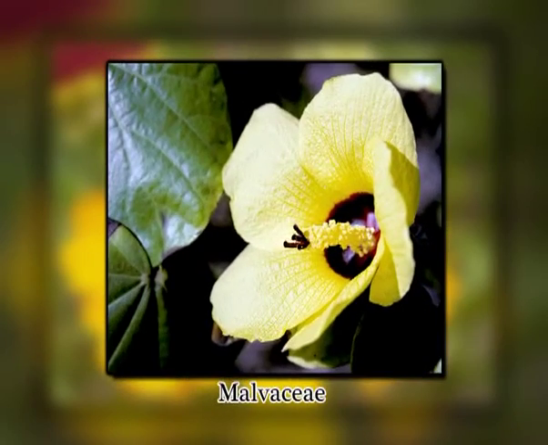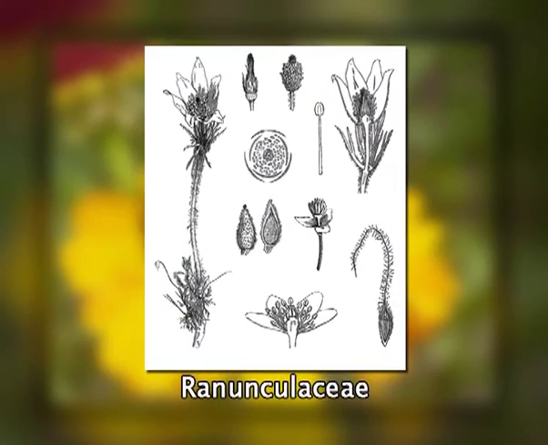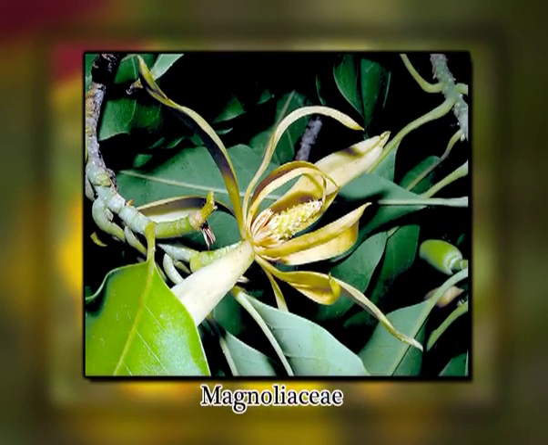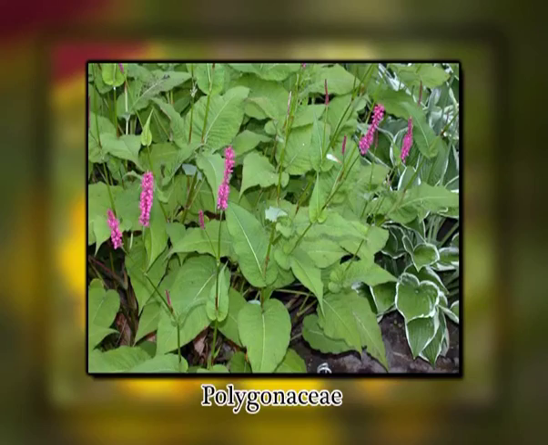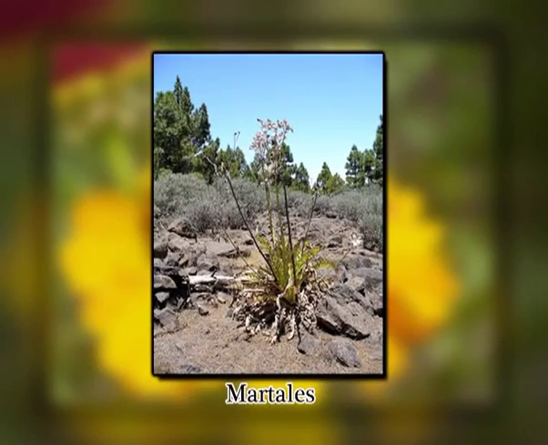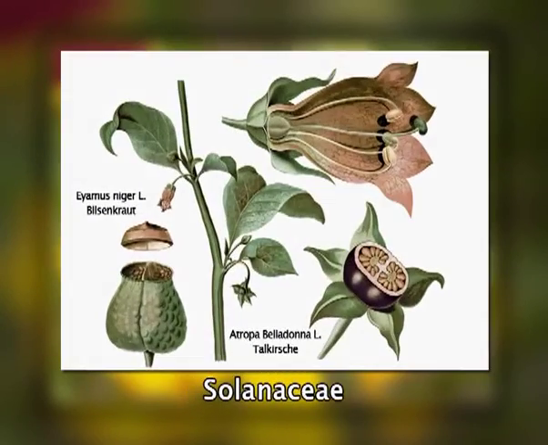For example, based on amino acid sequence studies, Martin and his associates have tried to trace the phylogeny of various taxa like Malvaceae, Ranunculaceae, Magnoliaceae, Polygonaceae, Myrtales, and some Solanaceae, and have elucidated the phylogeny and taxonomy of angiosperms.